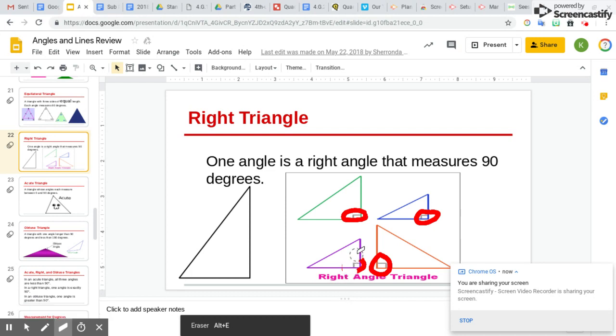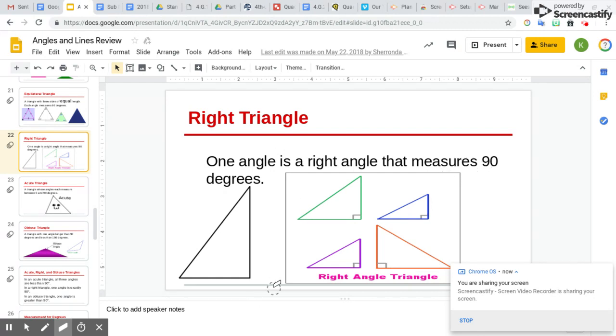Let's make sure that we have our example. We do not necessarily have to write down everything. However, let's write down the most important. The most important part is making sure that we know that one angle measures 90 degrees in this right triangle, okay?